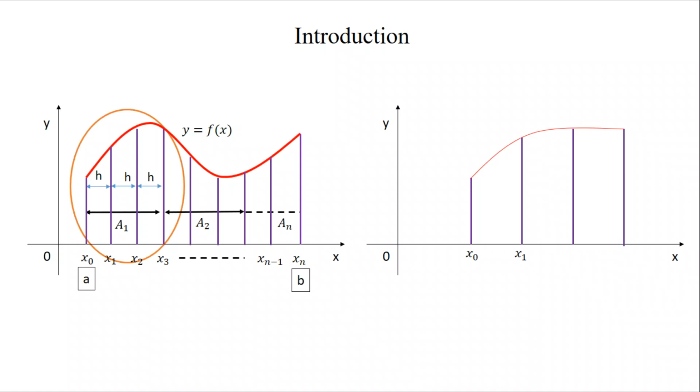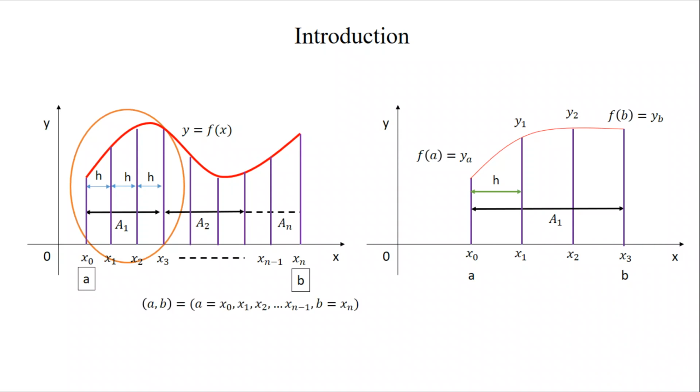Here x0, x1, x2 and x3 are there. Initial limit is a and final limit is b, and the related y coordinates on the curve are y0 or ya, then y1, y2 and finally yb. So the area is A1 and strip size is h.